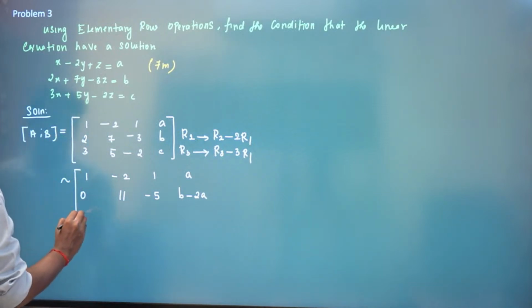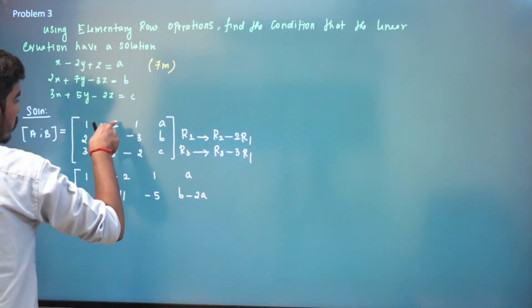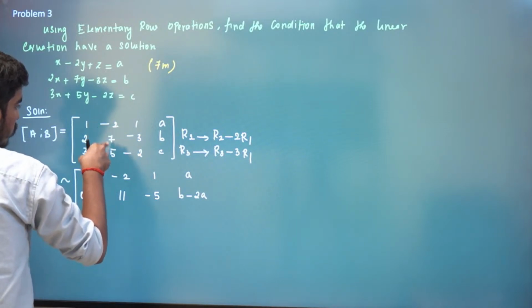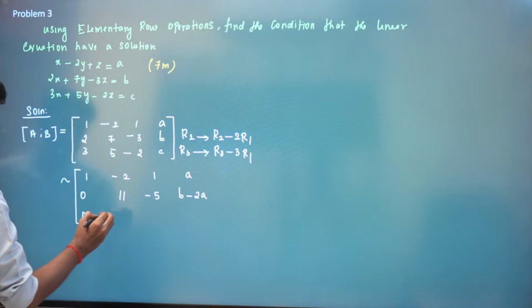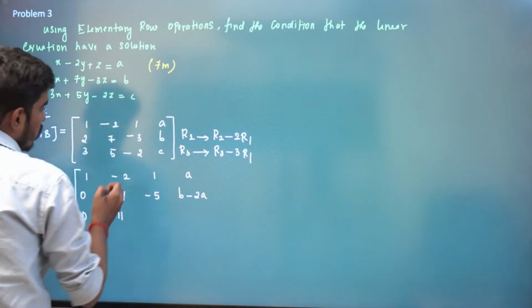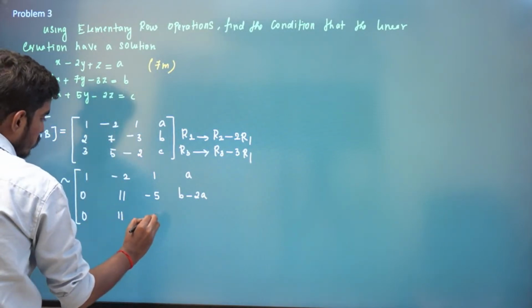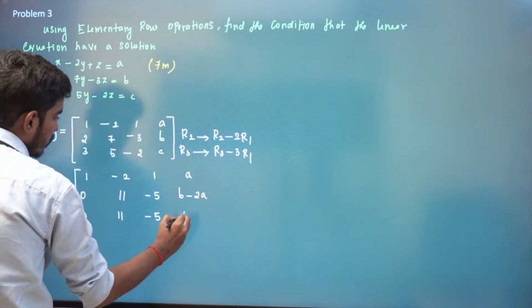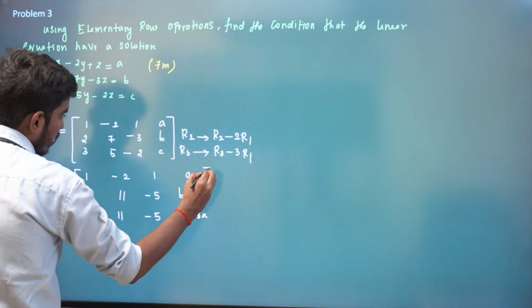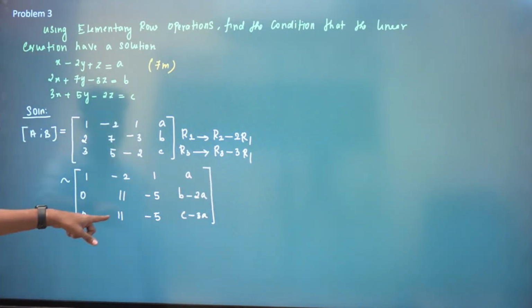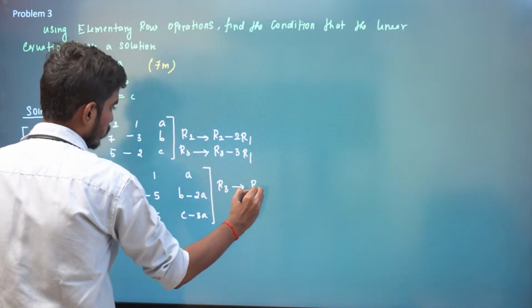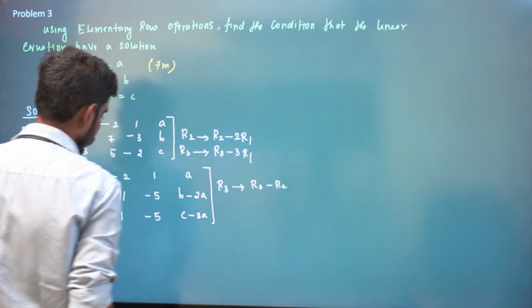You multiply by 3 and then you subtract. You multiply 3, this will be what? 2 3s are 6. So we'll have minus 6. Here we have 5. So 5 minus of minus 6, so 5 plus 6, which is 11. Minus 2 minus 3, so minus 5 again. R3 is c minus 3a. Now we'll make this 0. So we have R3 transformed to R3 minus R2.